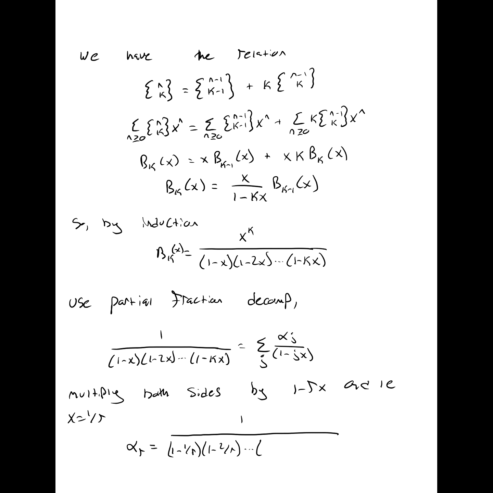But this gets a little long to write out because we want to denote that we're going to be actually skipping the rth component down here. So we have r minus 1 over r, and then we skip r over r, and we just go to r plus 1 over r. Okay, we can continue. 1 minus, and we go up to k over r. And we'll make this a little longer.